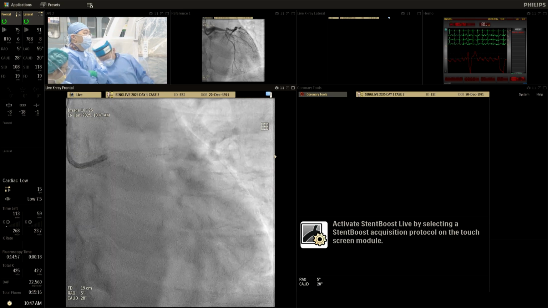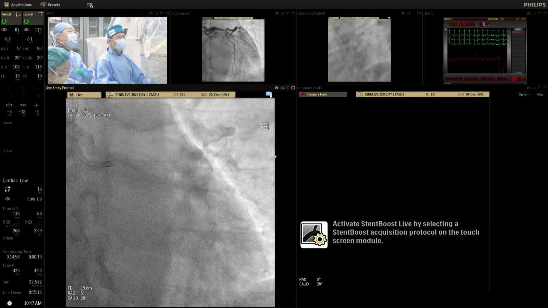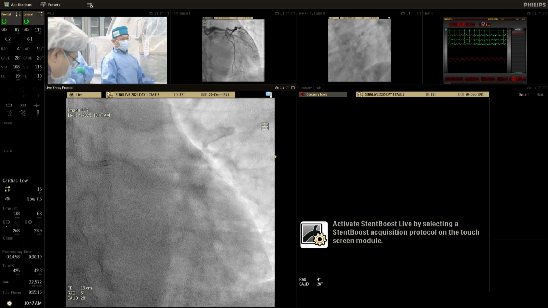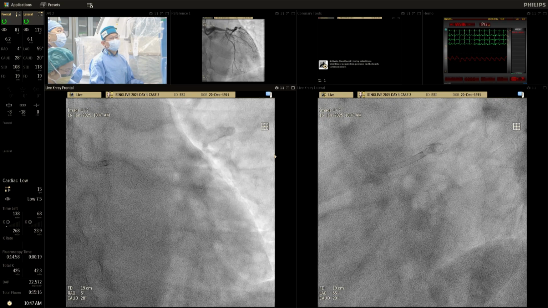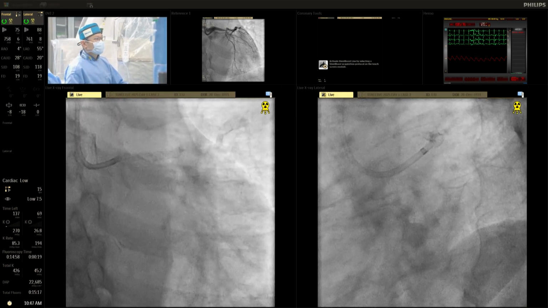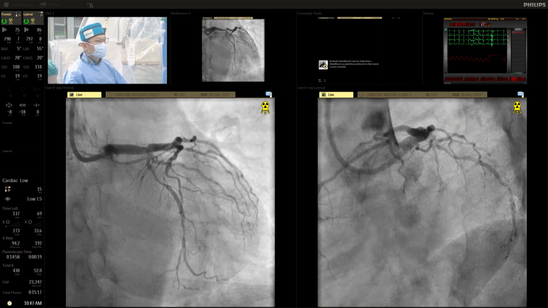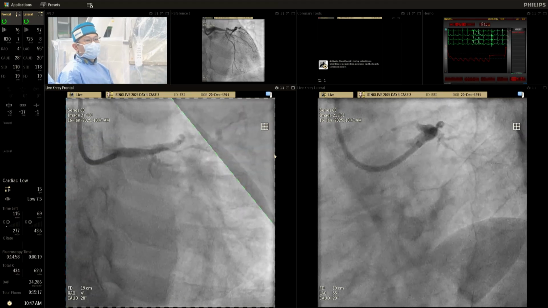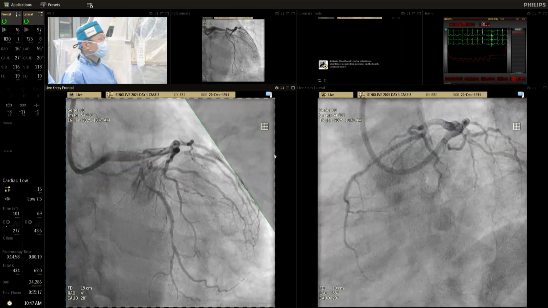Yeah, we're taking that now, so we can show both angios side by side. No, we didn't touch the LAD, it's on the left main, so we plot it again.